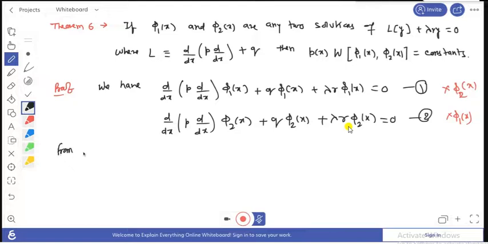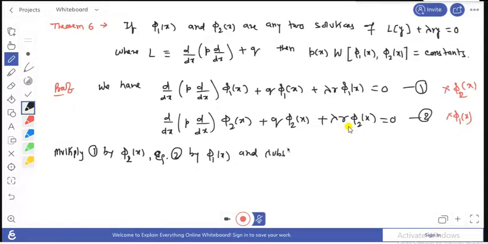So from equations 1 and 2, multiplying and then subtracting, we get the following. Multiply equation 1 by phi2(x) and equation 2 by phi1(x), and then subtract.